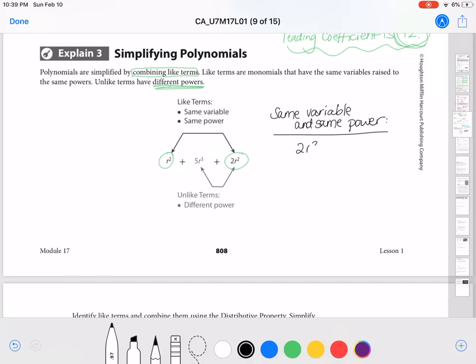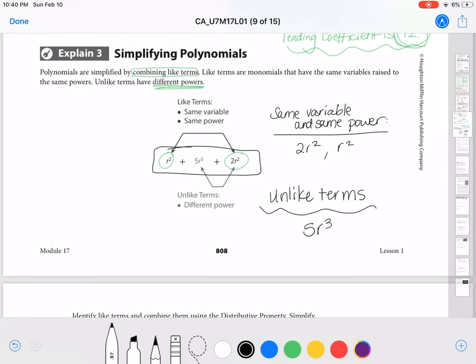So we're going to have 2r squared and r squared. Unlike terms, 5r cubed, because there's nothing else here that's similar to 5r cubed, okay?